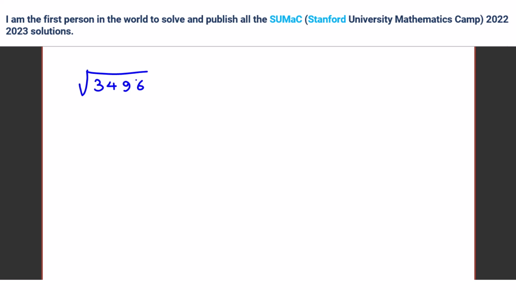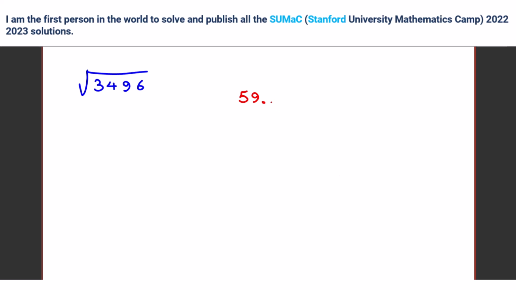Calculate the square root of this, with 1 decimal digit. Okay? 59 point what? It's probably 0.1.